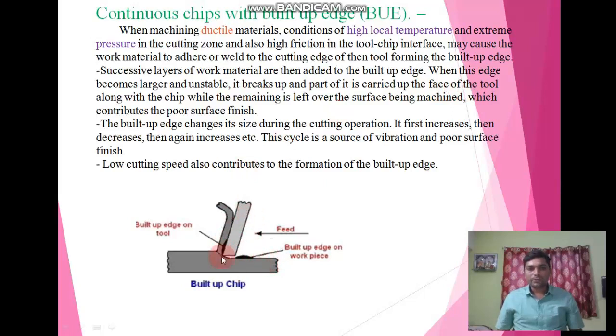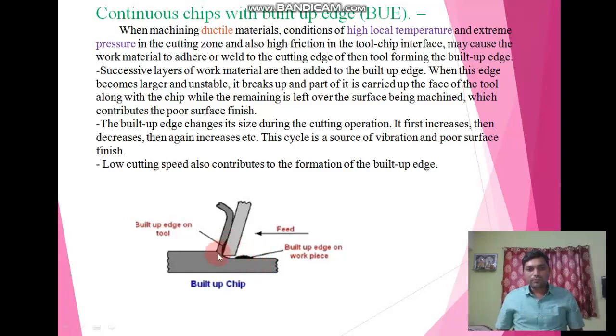So during the machining operation, when there is high pressure and temperature, the material is welded over the cutting edge of the tool, and the partly welded material is carried with the tool, and the remainder is left over the workpiece.